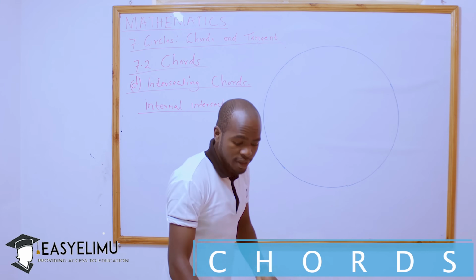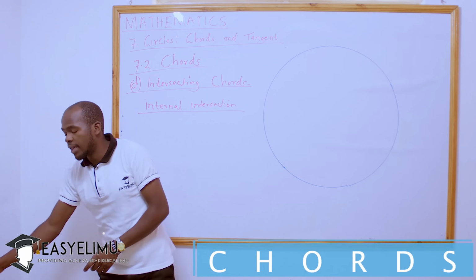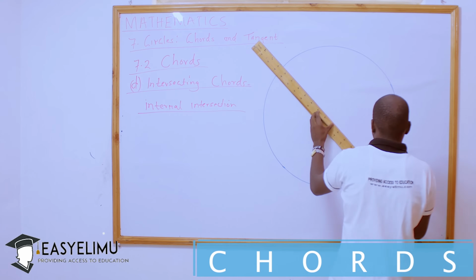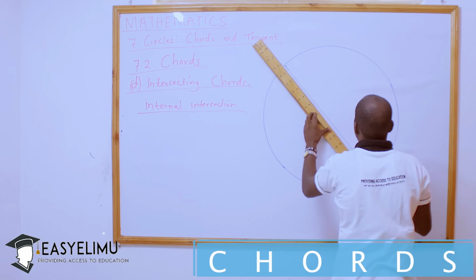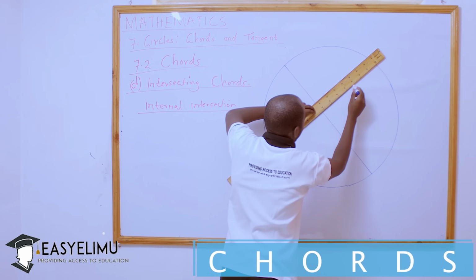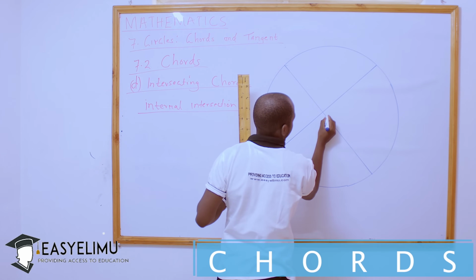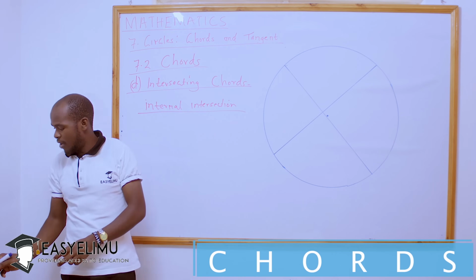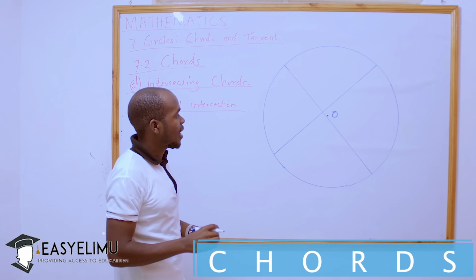Having a circle of that kind, we are going to draw two intersecting chords inside that circle, such that we have one chord in this direction, and the other one in the other direction, whereby the center of that circle is at this point. So the chords which I draw are not the diameter of the circle.